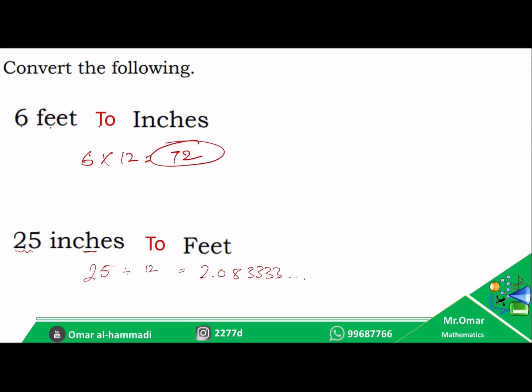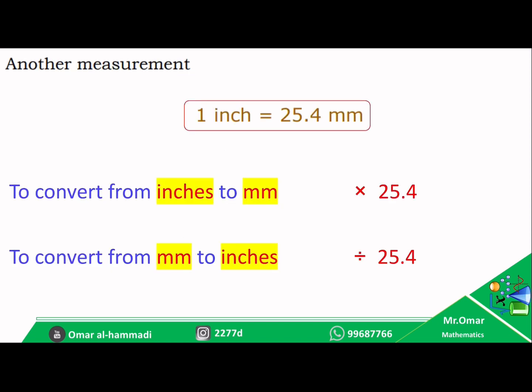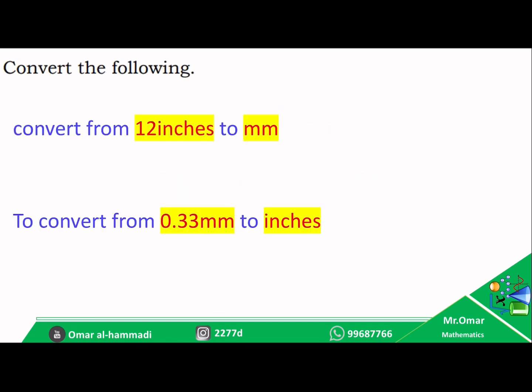Okay. And here we go. This is between inch and millimeter. To convert from inch to millimeter, we multiply by 25.4. And from millimeter to inch, we just divide by 25.4. Let's do an example.